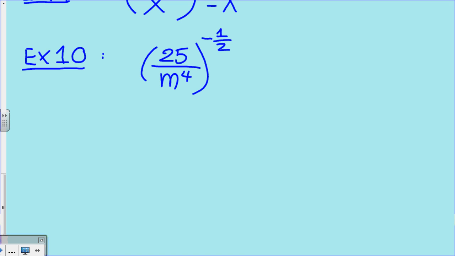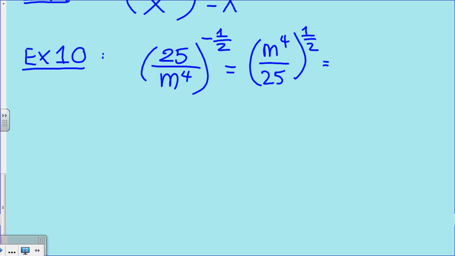How many of you are dealing with the negative exponent first? You guys should flip first and make it a positive 1/2.